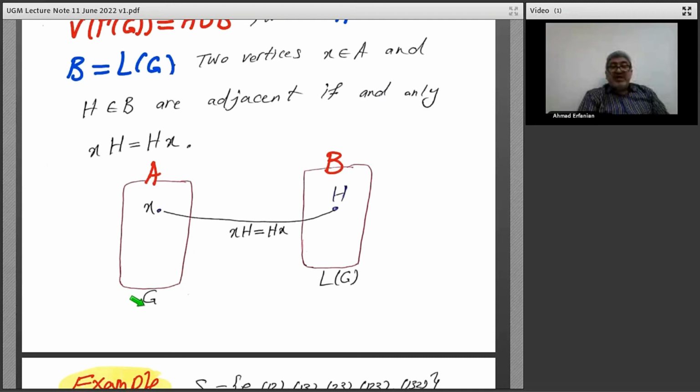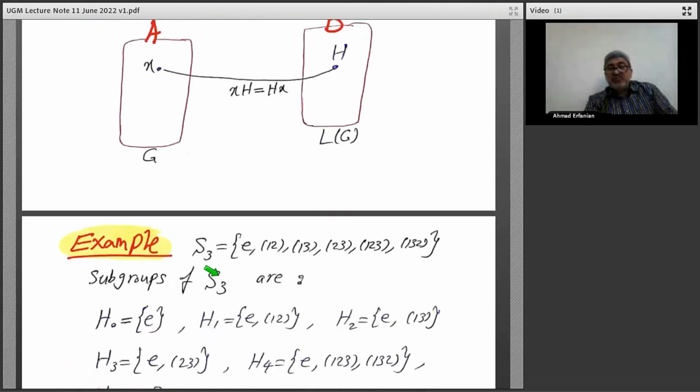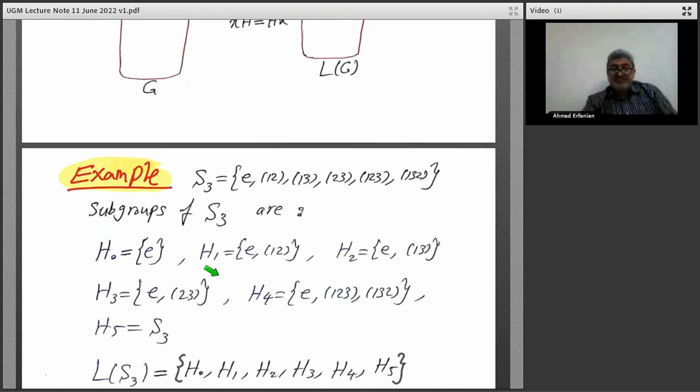So set A consists of all elements of G, and set B consists of all subgroups of G. If we take an element X in A and a subgroup H in B, we say that X is adjacent to H if and only if XH equals HX. So this is the graph associated to elements, subgroups and cosets.